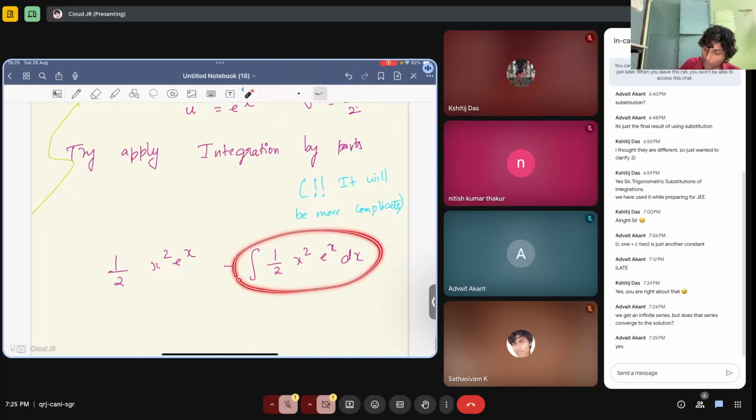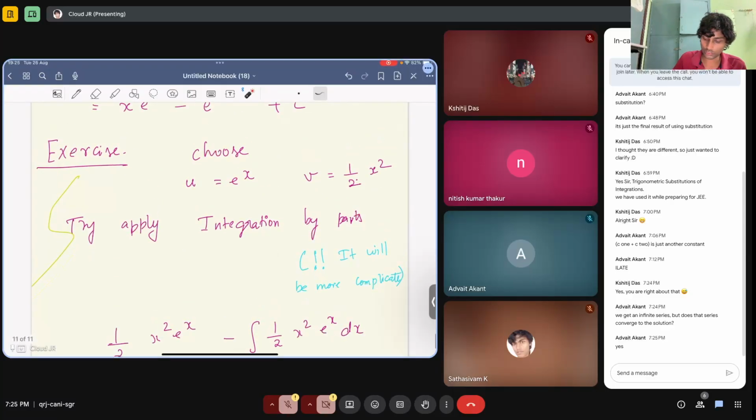So basically you apply integration by parts again here, and you will get another term, and then probably something in x cube will come, probably 2 times 3, I guess. So there will be more and more terms you will keep adding, and you may not achieve much. So it depends on what choice you make. Make a proper choice.